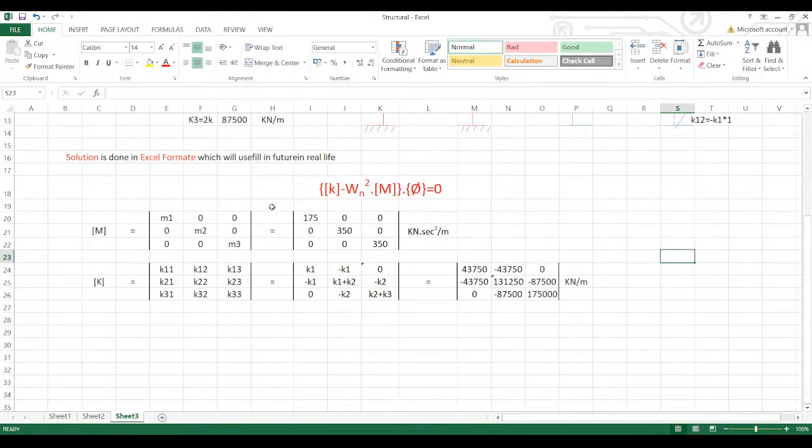Okay, the first work has been finished. That is the mass matrix and the stiffness matrix of the 3 degrees of freedom we have calculated.